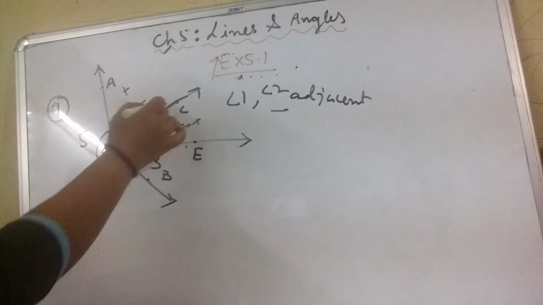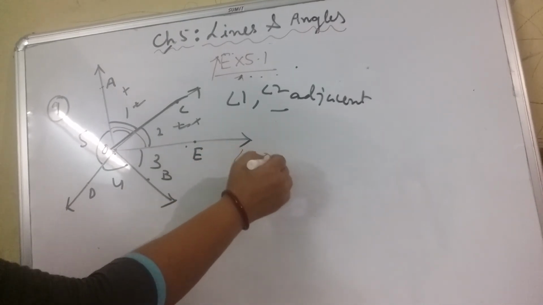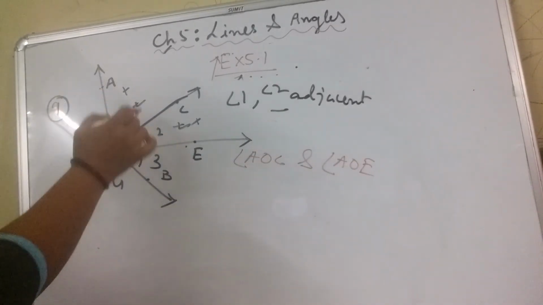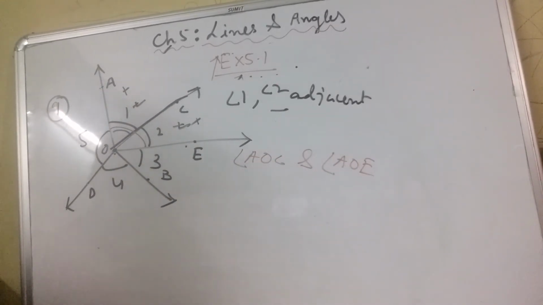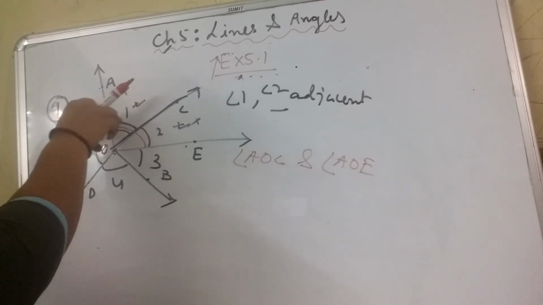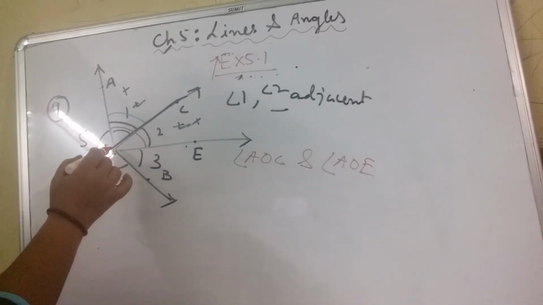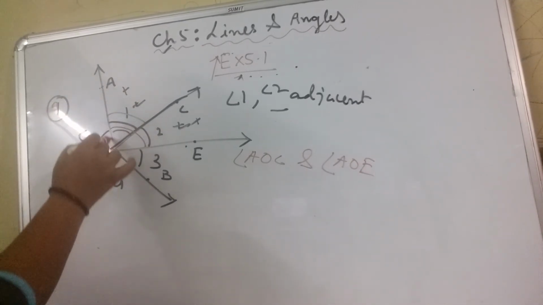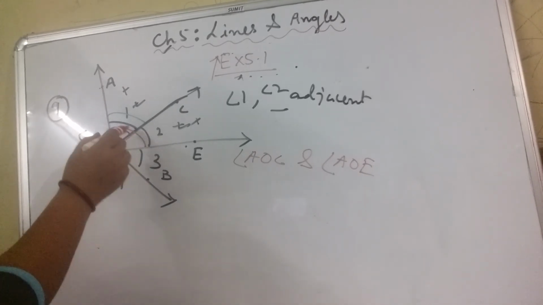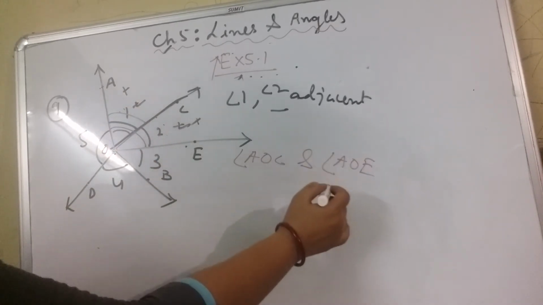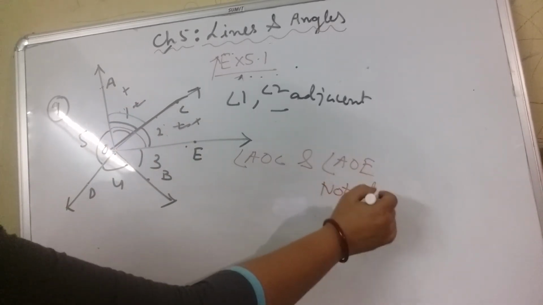Angle AOC is this, angle 1, and this is angle AOE. Are they adjacent? They have a common vertex, they have a common arm, but the interior points are common, so they are not adjacent.